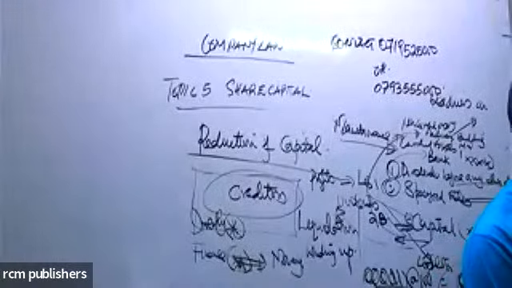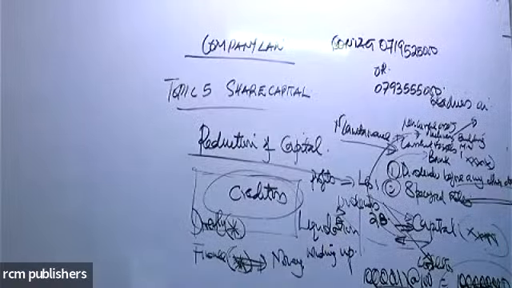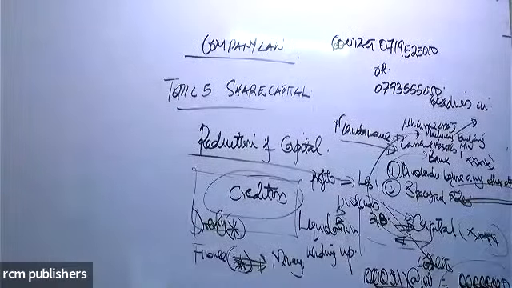Transfer of shares is restricted. Number two, membership: in a private company, the minimum membership is one up to a maximum of fifty. What about a public company?